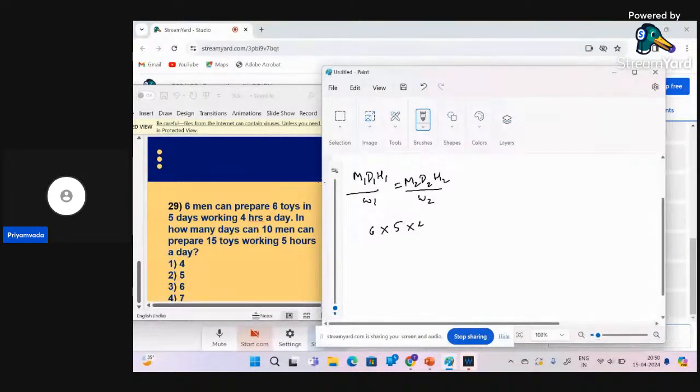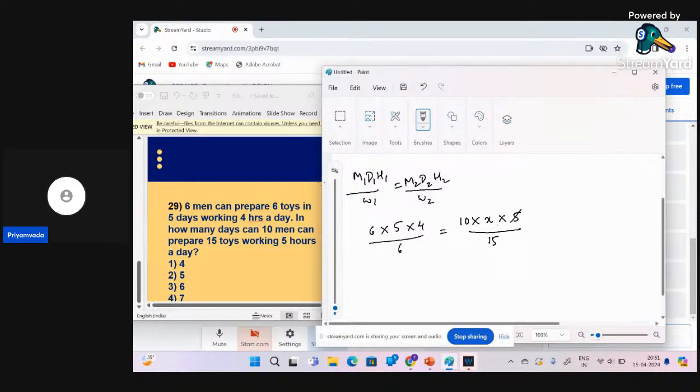How many hours? 4. By what is the work? Preparing 6 toys. Equals, 10 men, M2 is 10. And they're asking the days, we'll consider it to be x, into how many hours are they working? Working 5 hours a day. By W2. What is the work? 15 toys, right? So we'll be taking 15 directly.